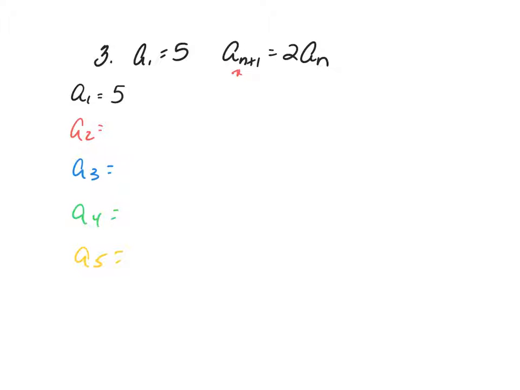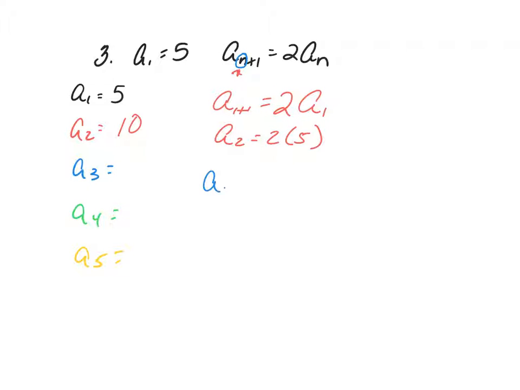1. So it's going to be a1 plus 1, which is a2, equals 2 times a1. See how the 1 is in both places for the n? Well, what is a1? 5. So a2 equals 2 times 5. So a2 is 10. To find a3, n would have to be 2.